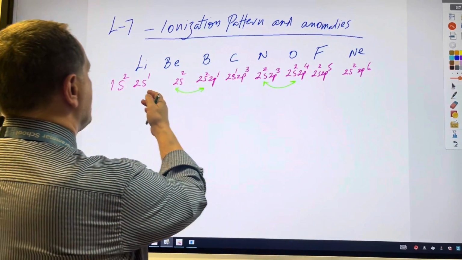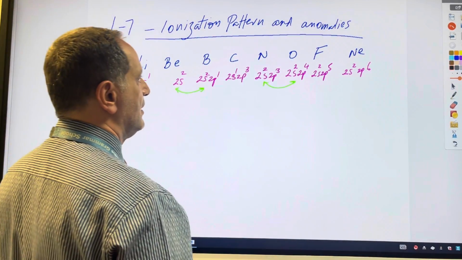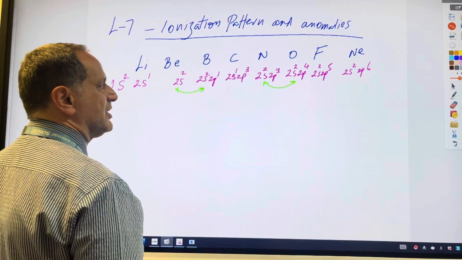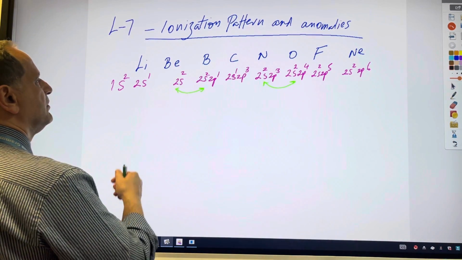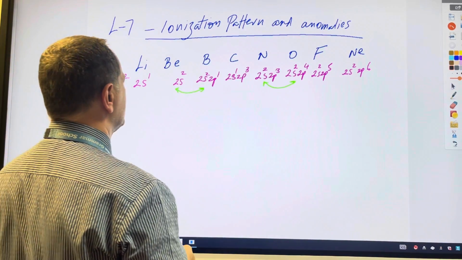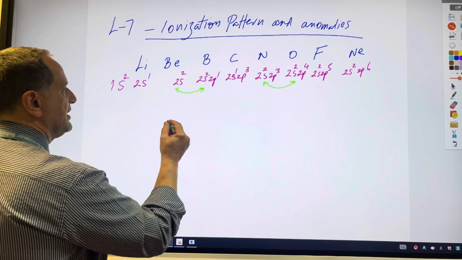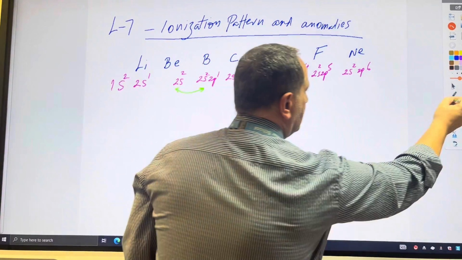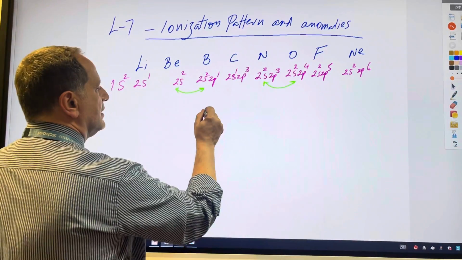I've written the electronic configuration of the elements, but I did not write the 1s2, the first shell, for each of them. Imagine all of them have 1s2, 2s2, then 1s2, 2s2, 2p1, et cetera. Let's put a line there.